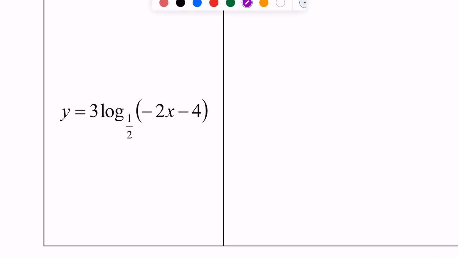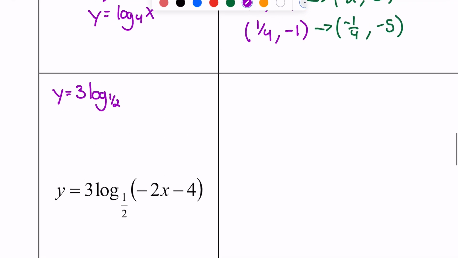So rewriting that function, that would be y is 3 log 1/2. I will factor out the -2, and that leaves me x, and then that -4 being divided by -2, plus 2.